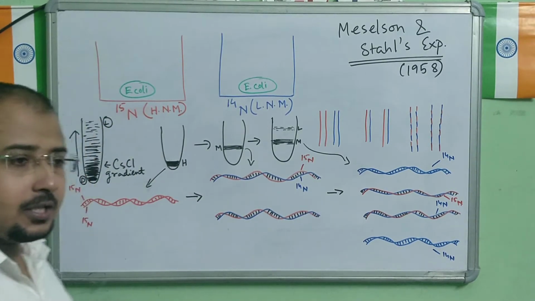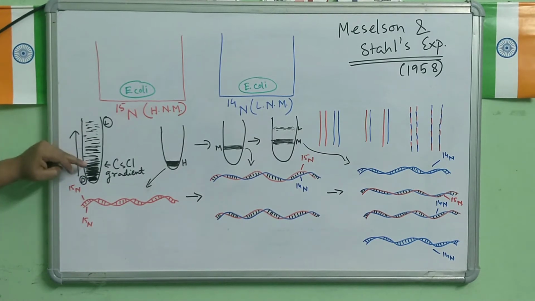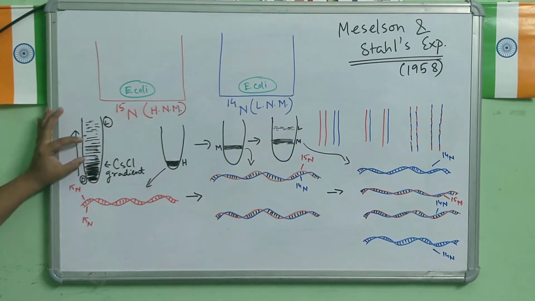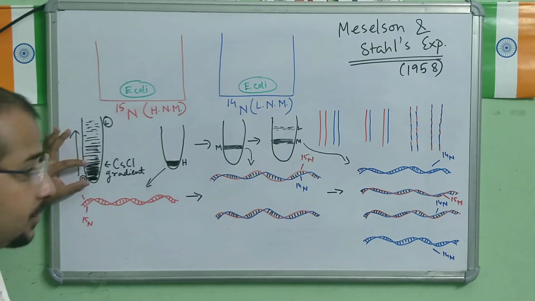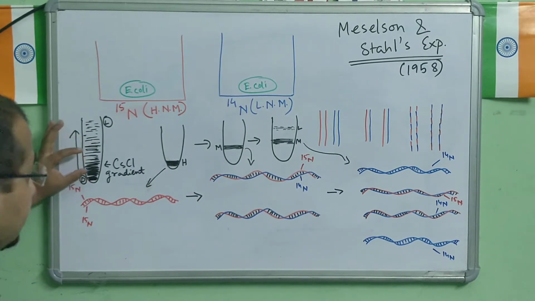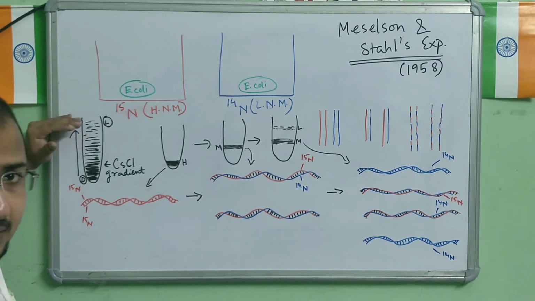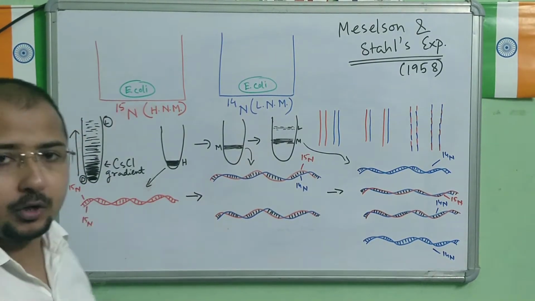What is this actually? Cesium chloride makes this kind of concentration gradient. If I take the test tube here, cesium chloride gives a concentration gradient, denser at the bottom, medium in the middle, and the lighter concentration at the top.